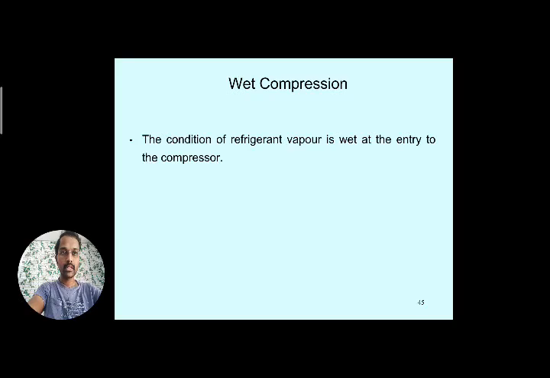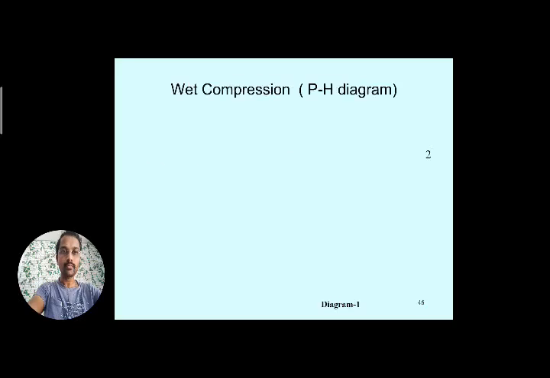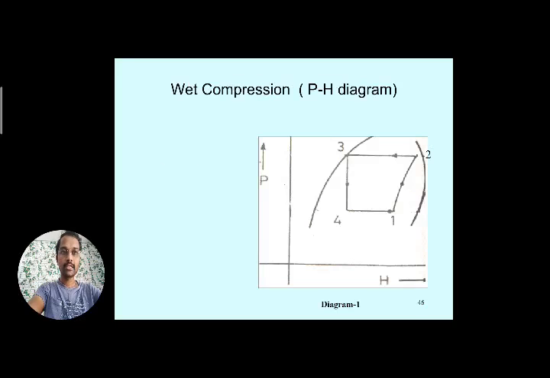If you see the graphical representation, at what state the refrigerant is entering into the compressor, we will look at the pH diagram. Here, if you observe point 1, it falls under the wet vapor region.